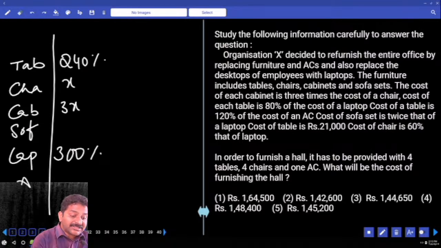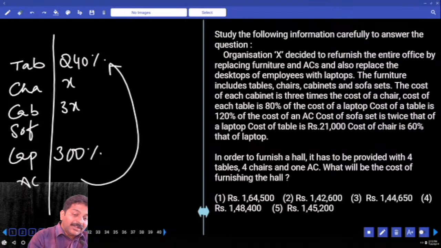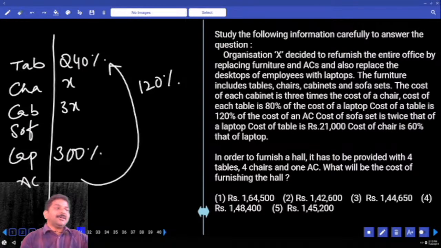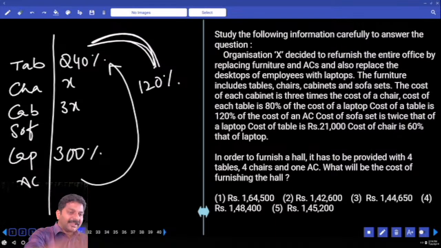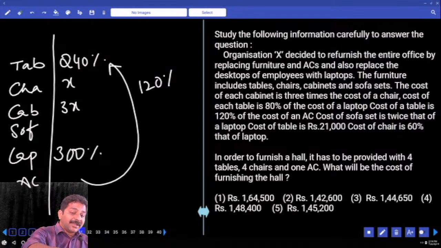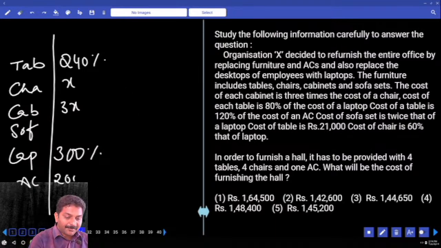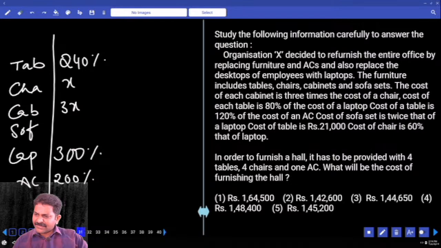Now with respect to AC, 120% is equal to 240. Yes. What is the relation between these two numbers? 120 becomes double, then 100% should become double. And AC must be equal to 200. Understand? Right. Next. And then what is there?